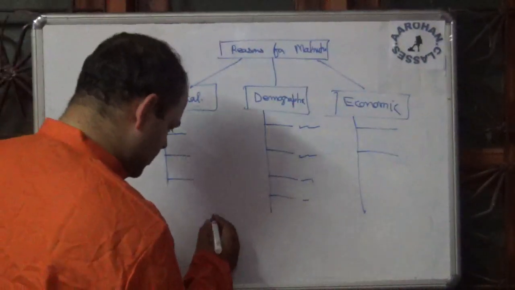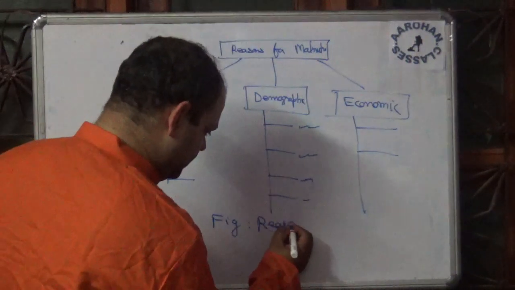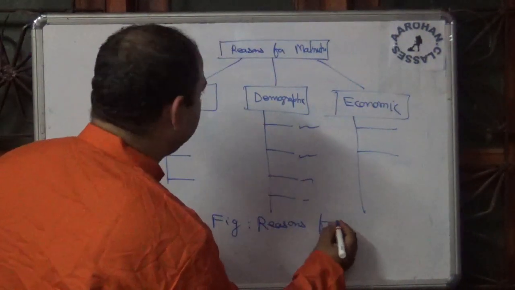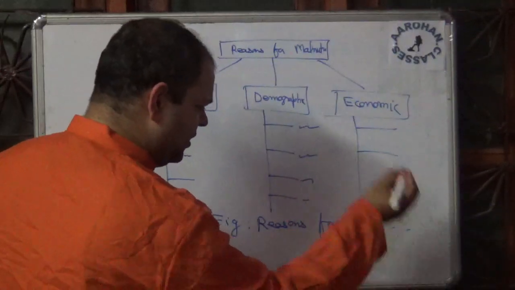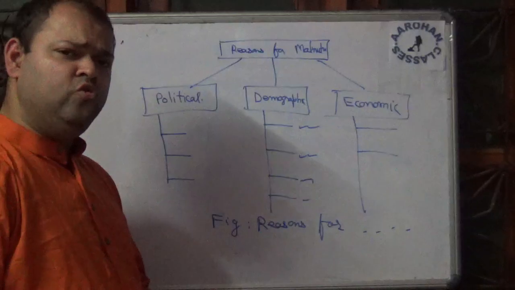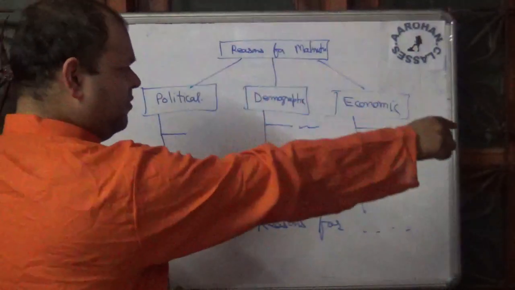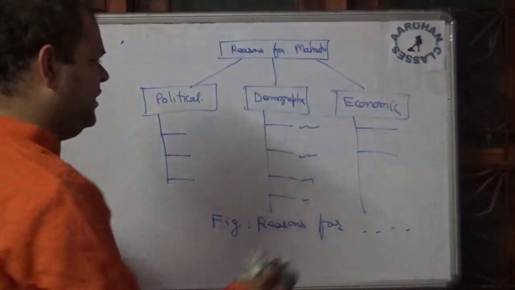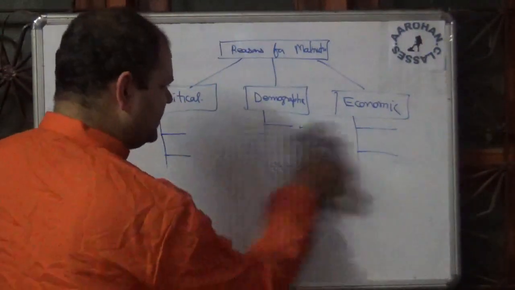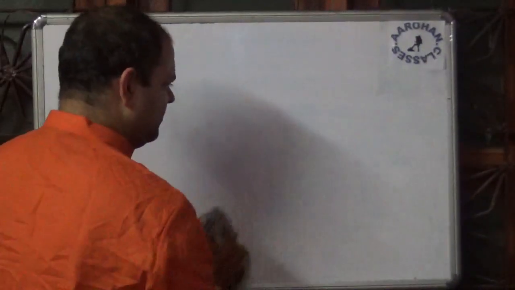So figure: reasons for malnutrition in India or Odisha. Now suppose there are 12 or 15 reasons. If I go on like this, it would be very clumsy. So I have to try something else, another type of representation, which would be generally circular.